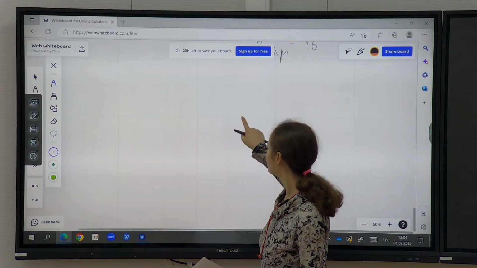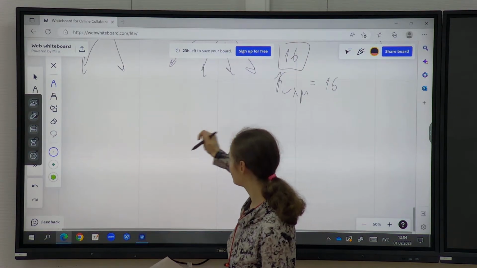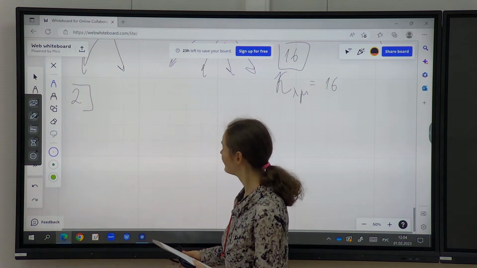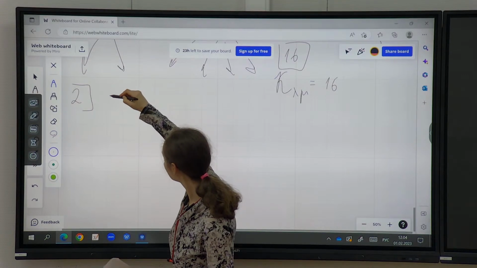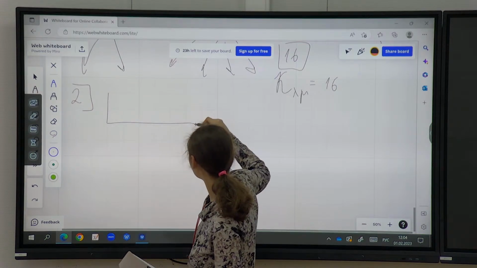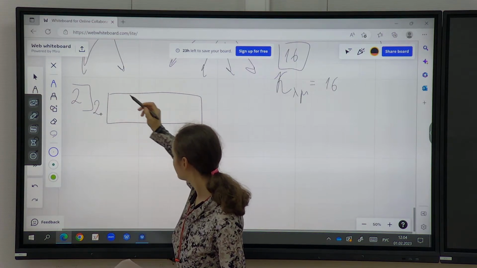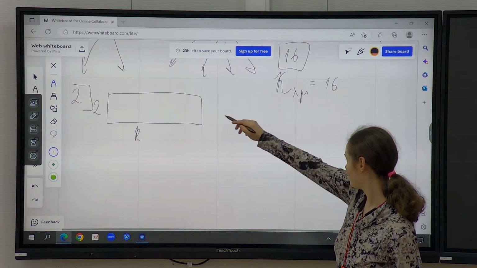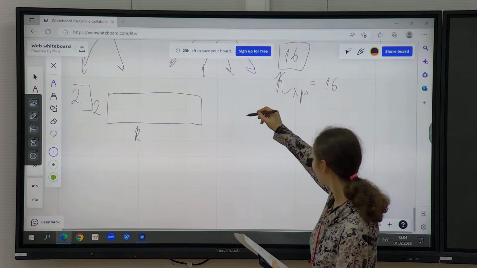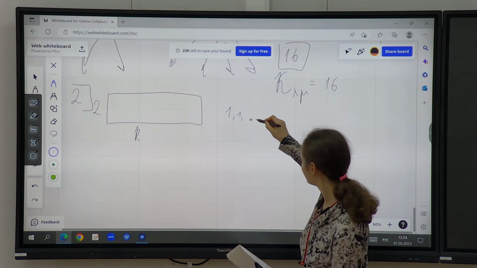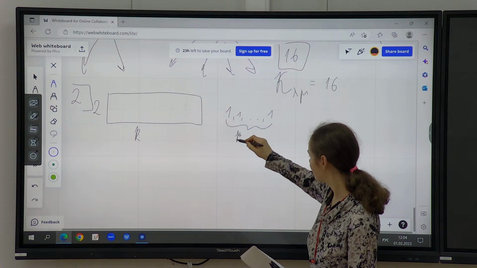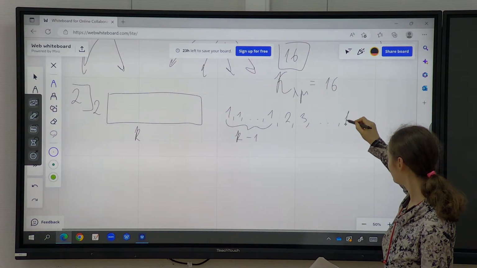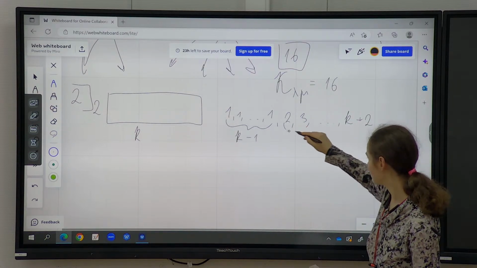Okay, and the second exercise is about some more general cases. So, in A, we have a Young diagram that is 2 by K, and we need to fill it with K minus 1 ones, 1, 2, 1, 3, and so on, and K plus 2.